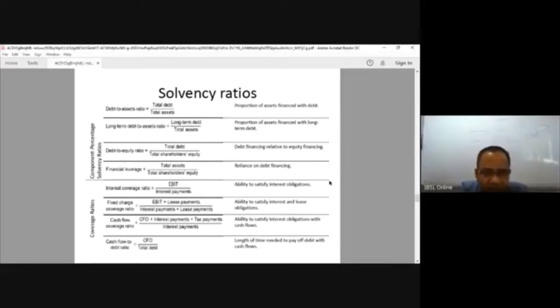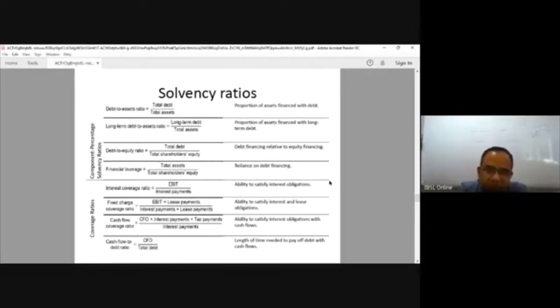So you take earnings before interest and taxes, or sometimes we put earnings before interest, taxes, depreciation and amortization, which we call EBITDA, divided by interest payments, right?